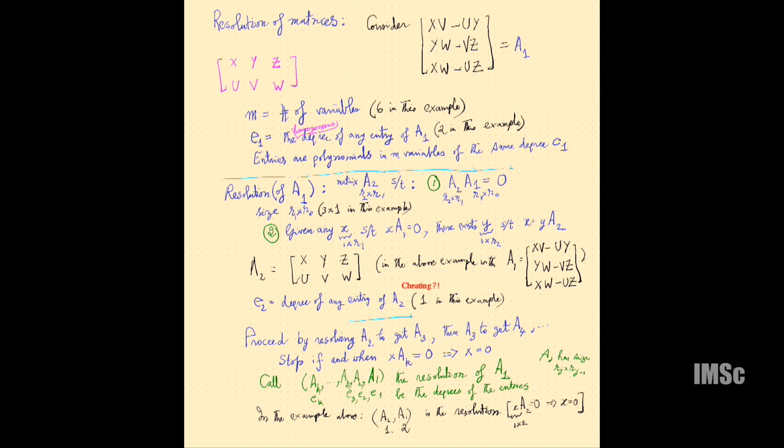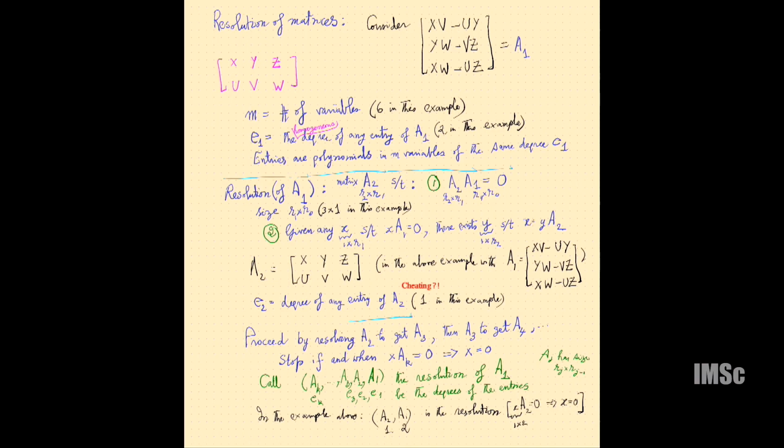Now, given a matrix A1, you would resolve it by constructing an A2 like this, if you can, and then you go on with A2, construct A3 if you can, and proceed. Then A3 to get A4 and so on. Stop if and when x times Ak equal to 0 implies x equal to 0.